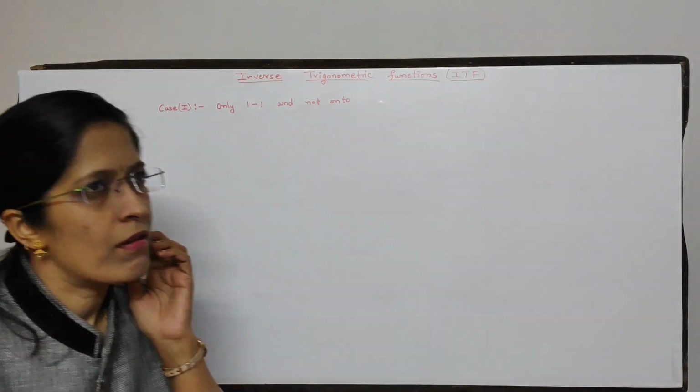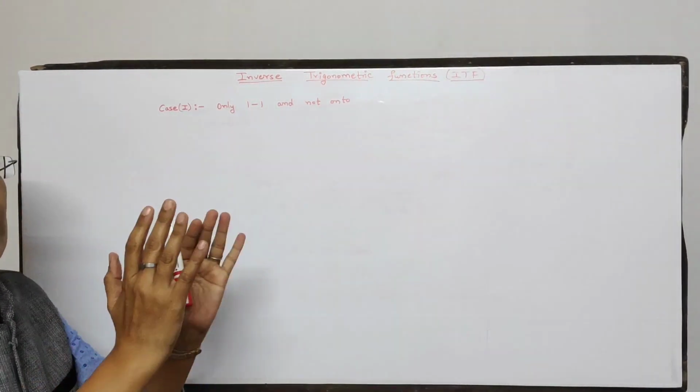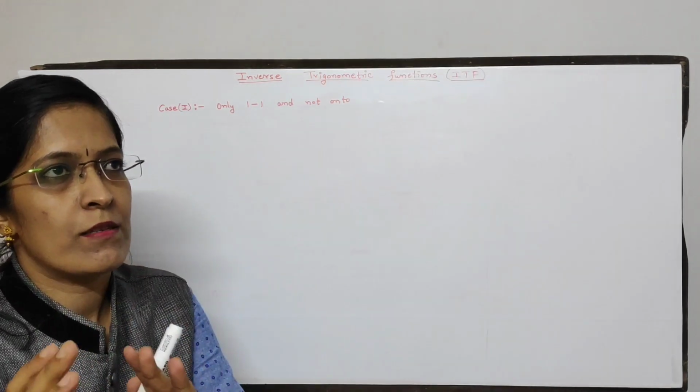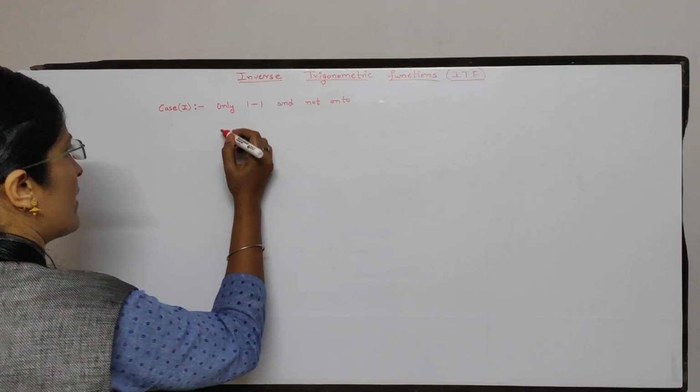We have taken a very good example in the functions topic, where we take set A as hostel boys and set B as hostel rooms. So let me take the same example here.